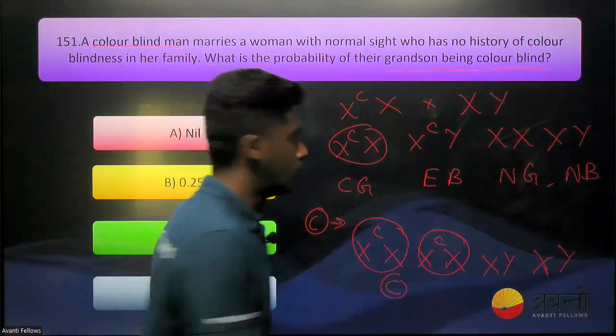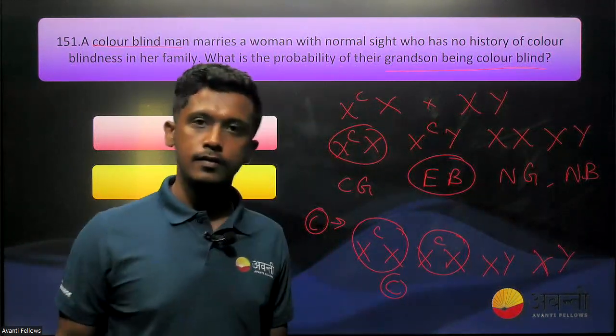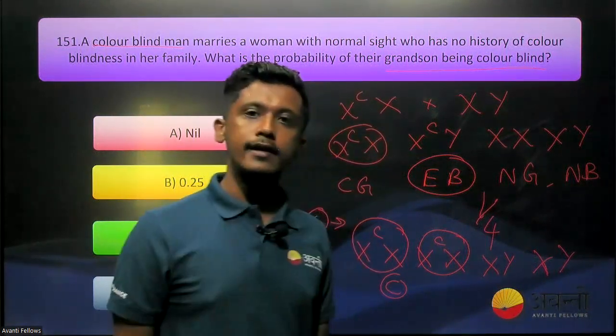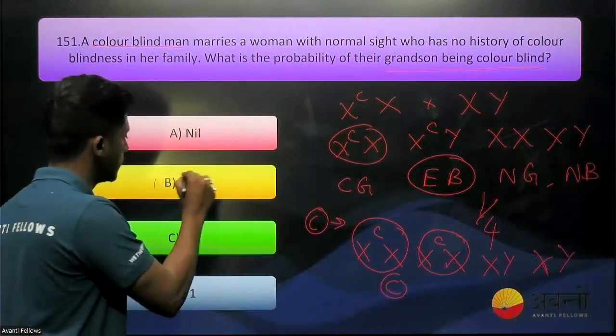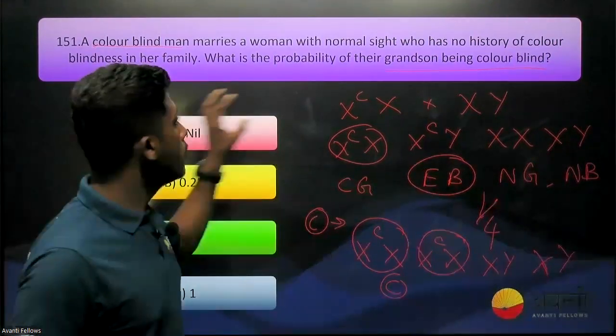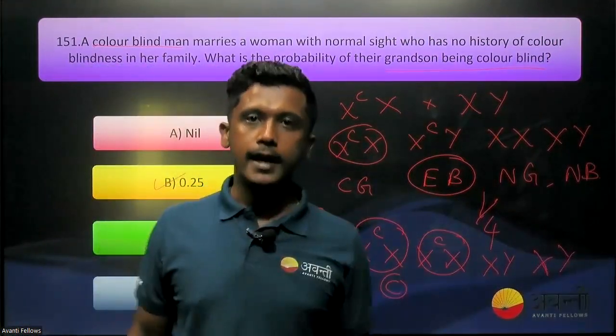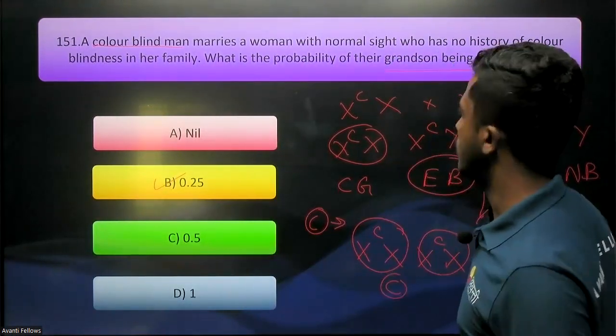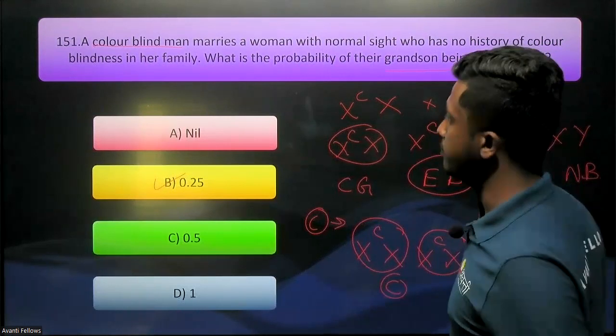Out of four, one is affected, correct? So that is 1/4. 1/4 of 100 is how much? 0.25, correct? So 0.25 is the probability of a grandson being colorblind. It's a very simple question, you just have to apply some logic, students. So the answer is B.